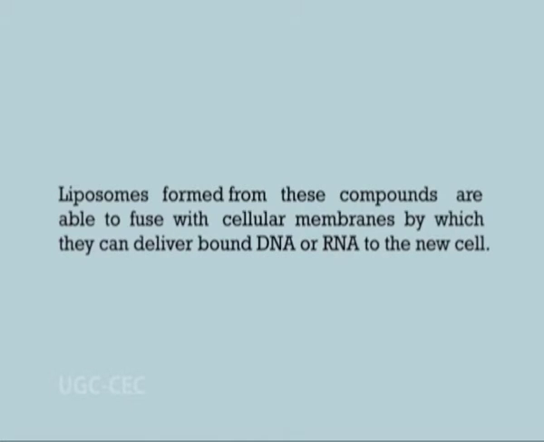Then the development of lipid and polymer based carrier molecules having the capacity to bind nucleic acid led to the adoption of these compounds in transfection. Liposomes that are formed from these compounds are able to fuse with the cellular membranes, by which they can deliver this bound DNA or RNA to the new cell.